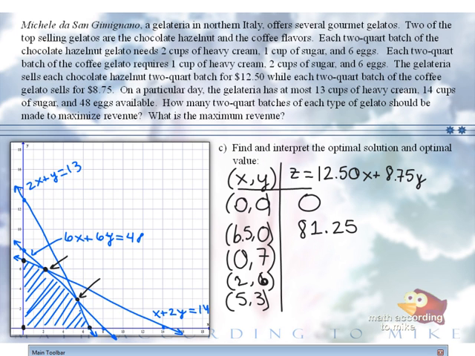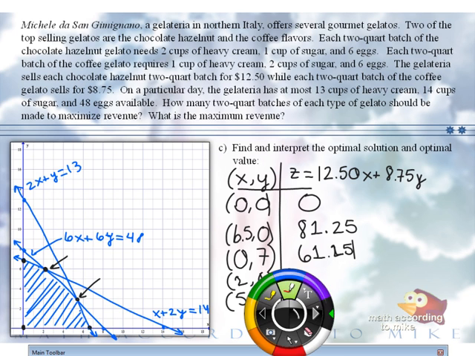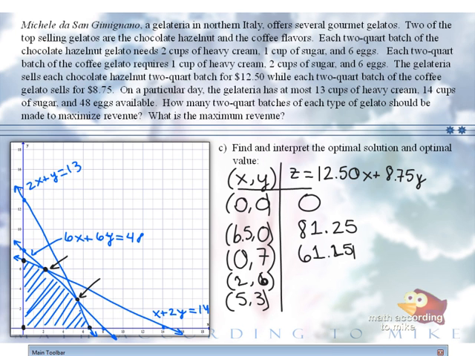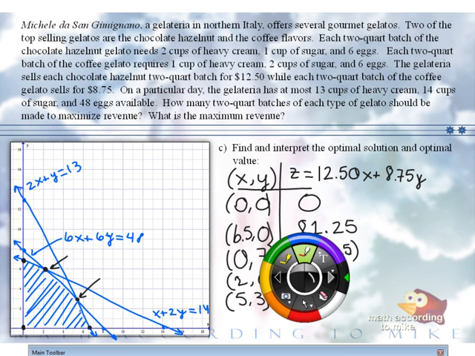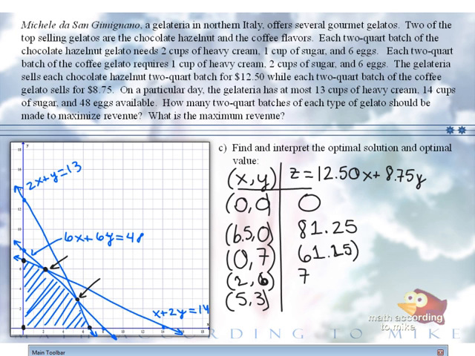Someone else, 0, 7? And 2, 6? 77 and 50? Yeah. And lastly, 5, 3. 88.75. Yep.